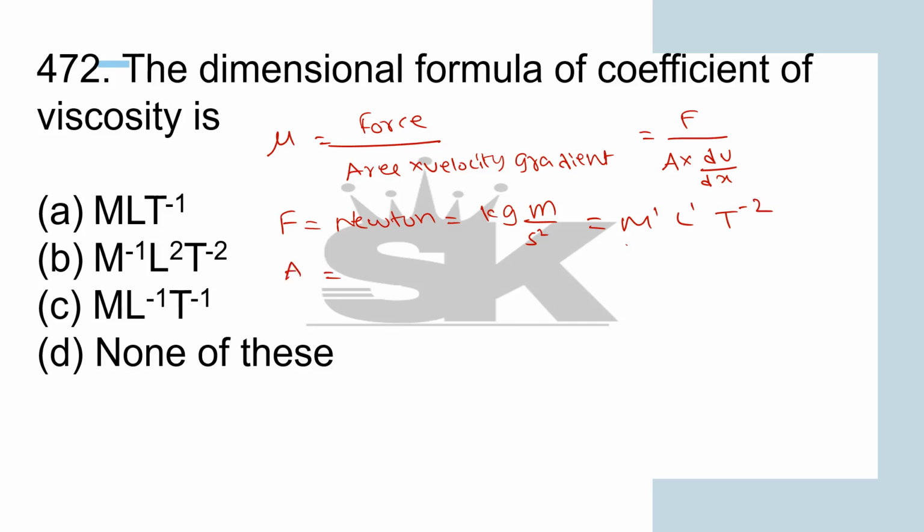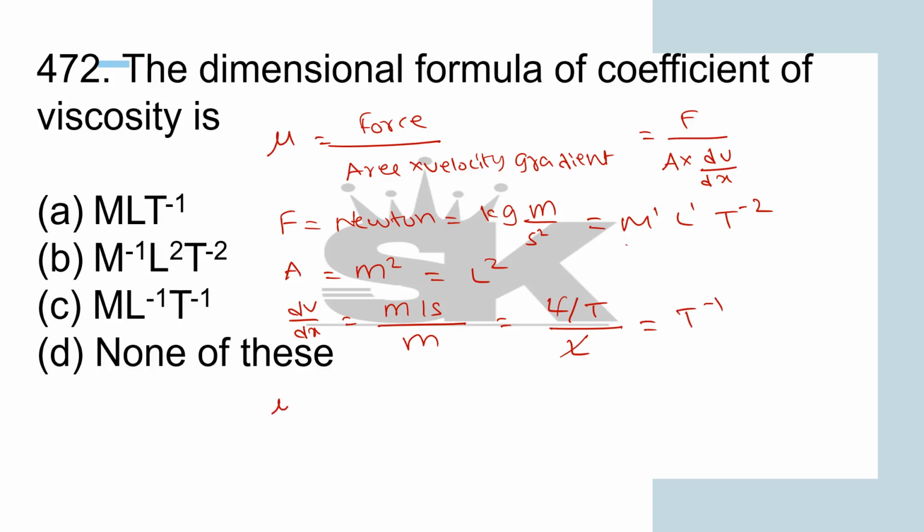Area's unit is meter square, so L square is the dimensional formula of area. What is remaining? dV by dx. Here dV means velocity, unit is meter per second, and dx means meter. So L by T by L, L gets cancelled, so T power minus 1 is the dimensional formula here.